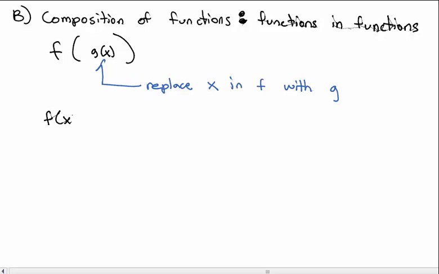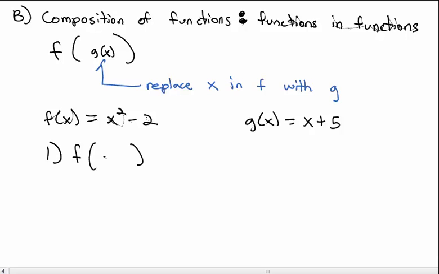If we make f of x equal to x squared minus 2 and g of x equal to x plus 5, we could be asked to find f of g of x. And I want you to notice this g of x inside. g of x is x plus 5.